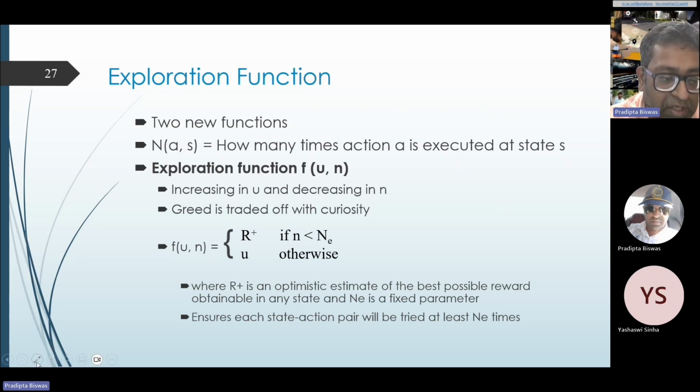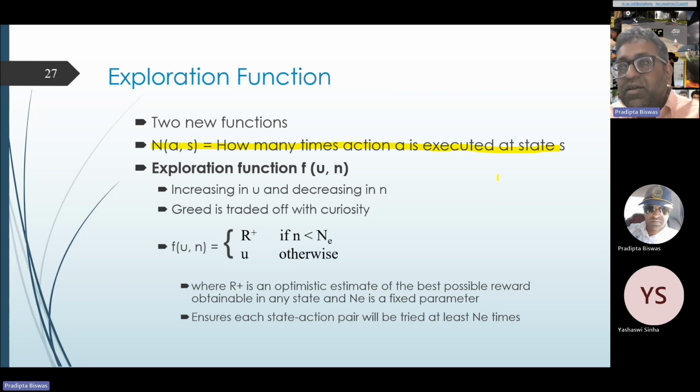So here we will define this new function, N(s,a), and we briefly talked about this in one of the algorithms before. It will keep a log of how many times a specific action is executed at state s. And why so? Because in a known state, if I am always taking the known action, that is some sort of exploitation: I know that I did it before, so I will keep doing the same.